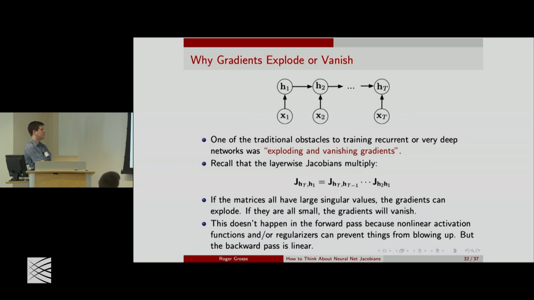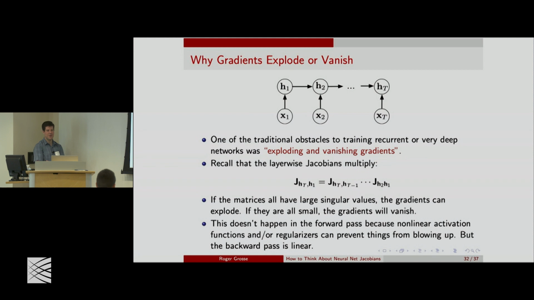So this is the Jacobian from the hidden states at time step 1 to the hidden states at time step t. All these Jacobians multiply, so you're multiplying lots and lots of matrices together. And if the matrices are all small, then the Jacobian will vanish, and so the backpropagated gradients will also vanish. If the matrices have large singular values, then it's possible that the gradients will explode.